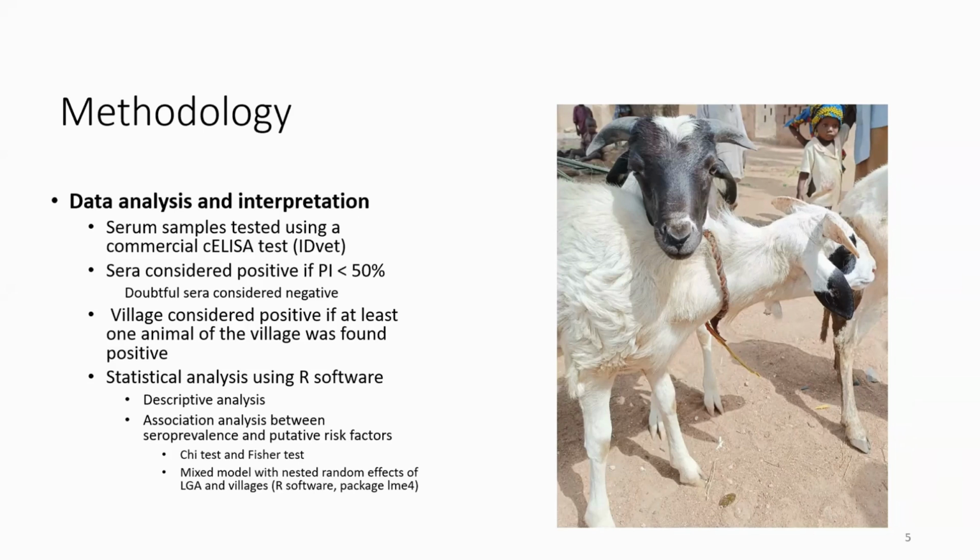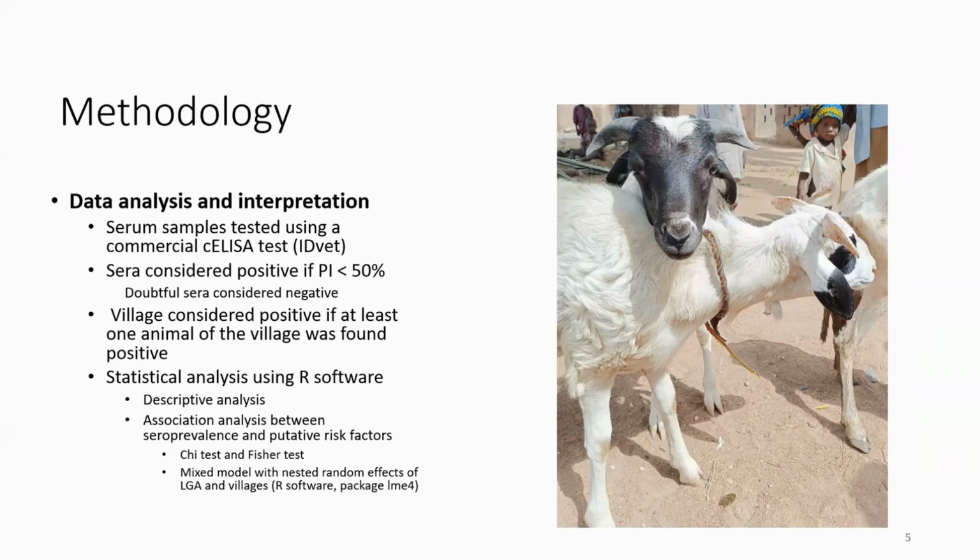And statistically, we used R to describe the whole results. We used chi-square to compare observed results with expected results, and Fisher exact test to know whether the proportion of one variable differs depending on the value of the other variable.